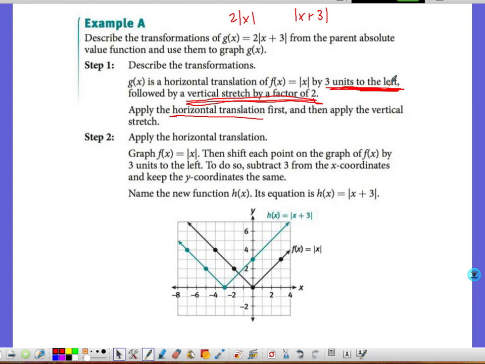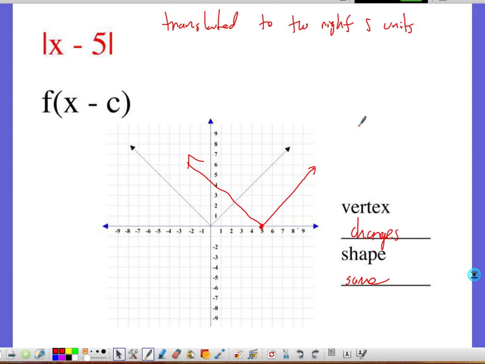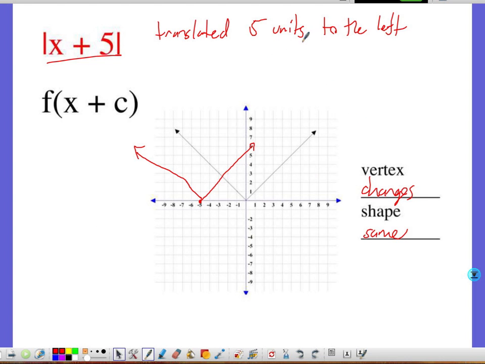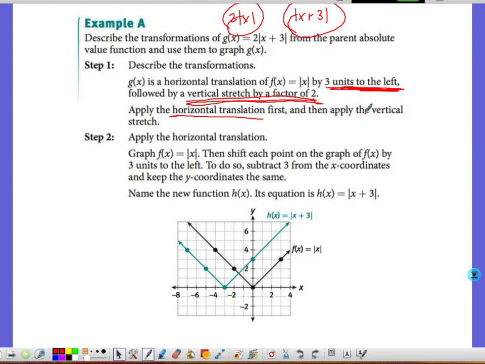And so all you have to do now is, first what you want to do is move the vertex first. So which one of these moves the vertex? Well, for vertical stretch, the vertex stays the same, but for horizontal moving to the left, the vertex changes. So because the horizontal translation moves the vertex, we have to do that first.